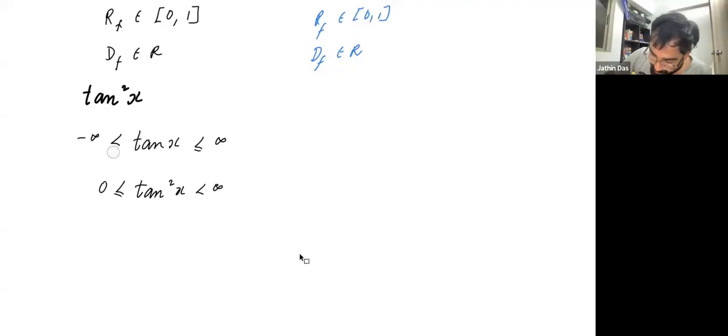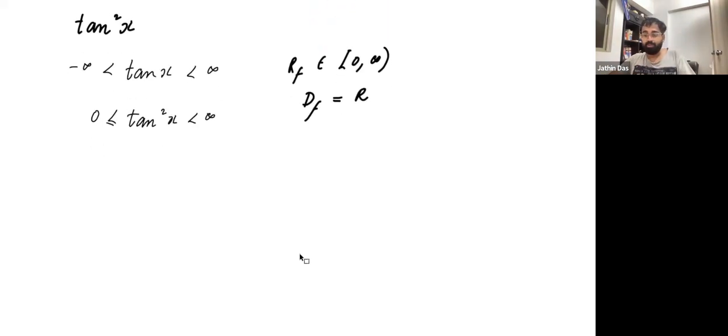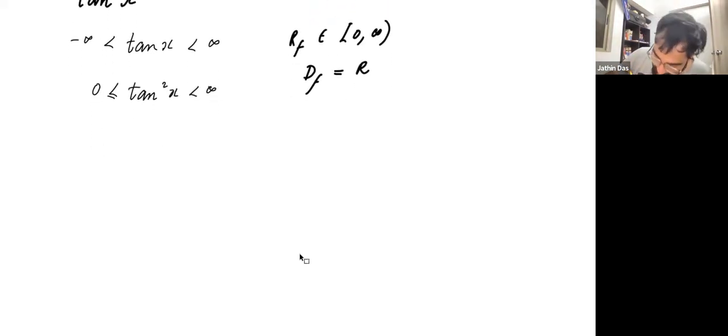Anyway, you cannot include infinity. Sorry, my mistake. Will 0 be included? Yes, because tan can be 0. So the range is 0 to infinity. And the domain? Any real. Okay. Next: root sin x.